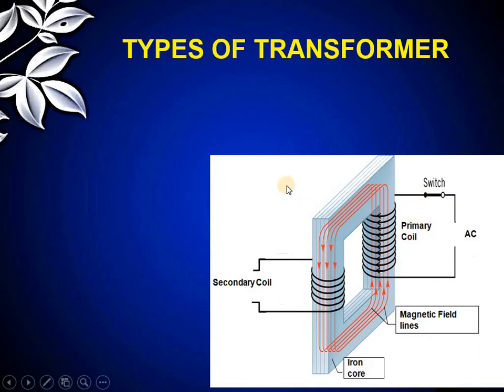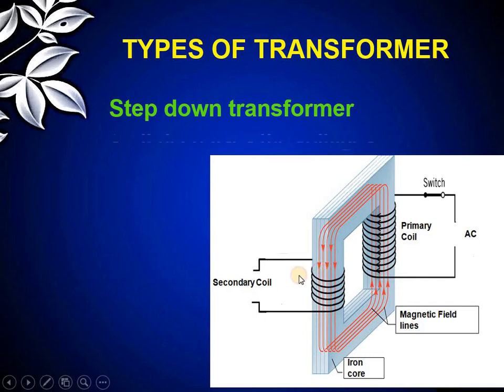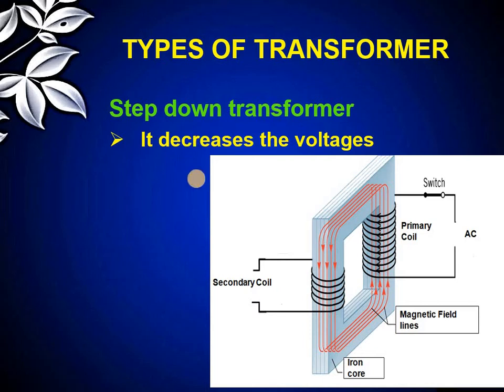Now we will move to the step down transformer. Our primary has a lot of turns and the secondary coil has a few turns. It decreases the voltage. A transformer with step down turns will decrease the voltage.